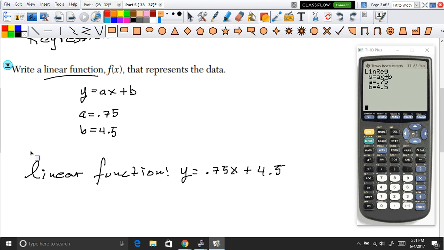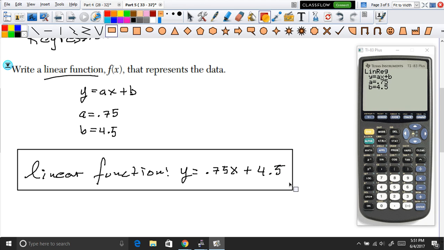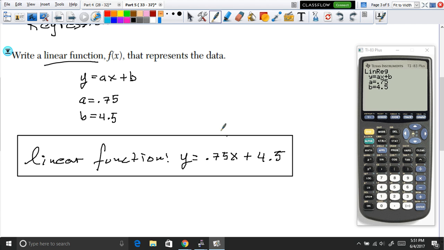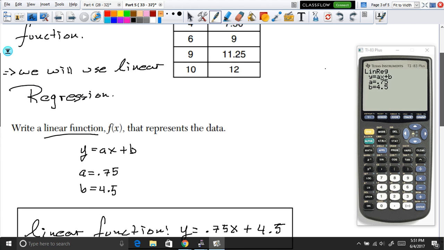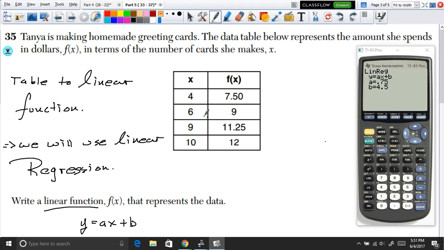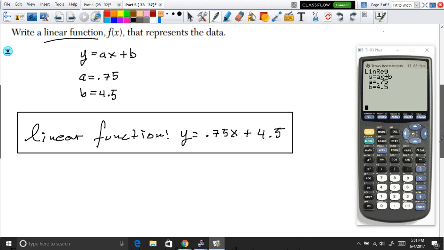Perfect. So this is our linear function here. Y equals 0.75x plus 4.5. And again, when you see that you've been given some kind of a function and you want to find out the linear function or the linear representation of this function, you got to use linear regression, which is done in the calculator for you.